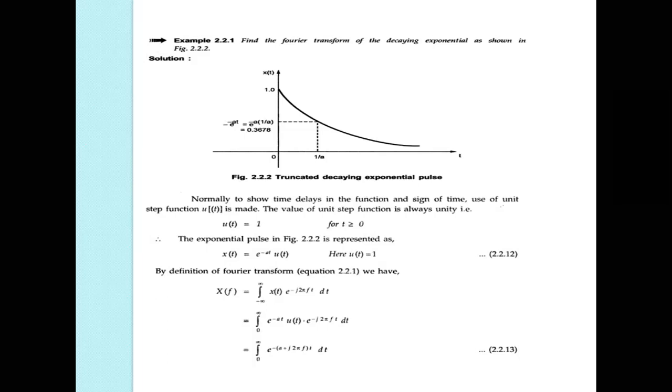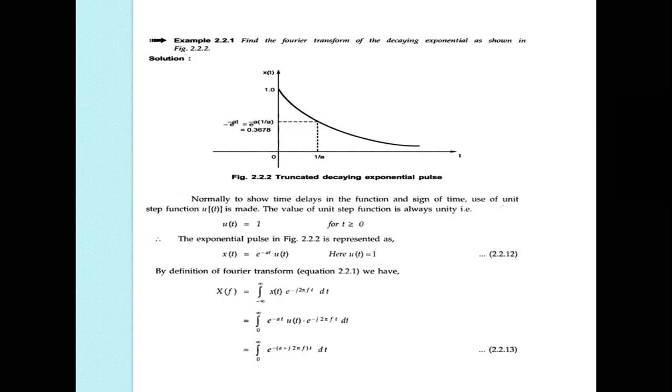Okay, see the first example of the Fourier transformation. Find the Fourier transformation of the decaying exponential shown in the figure. The same example we did for the Fourier series also.